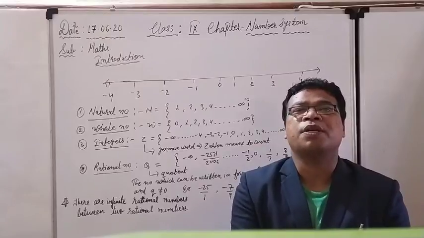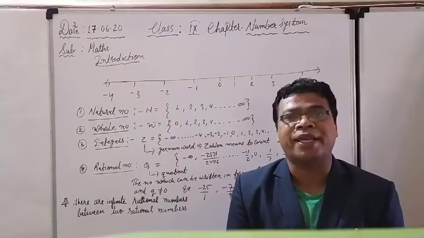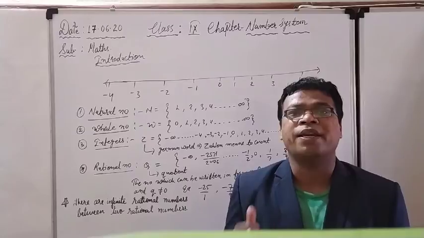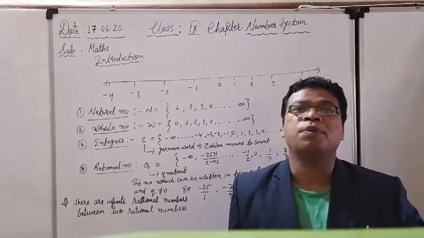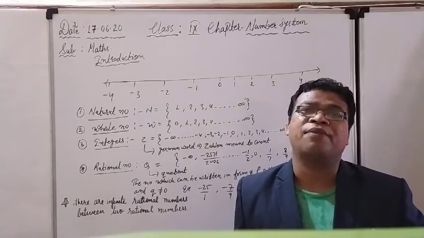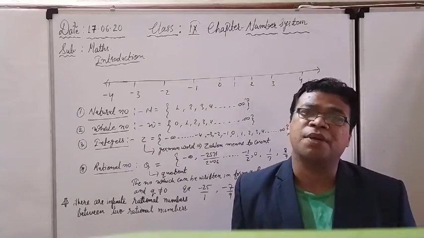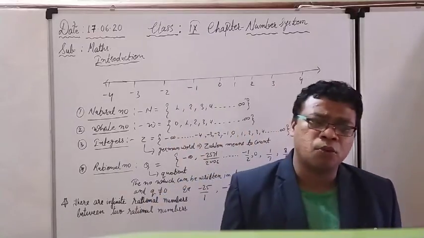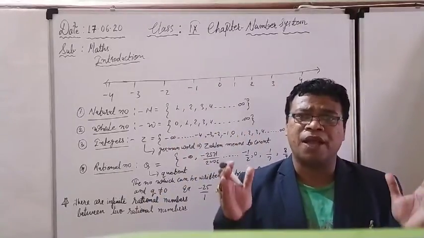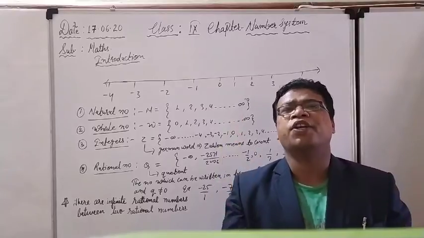And we have seen these operations also on the number line. We have also seen how we can represent the rational number on the number line, even how to represent the addition of rational numbers, in class 8th.